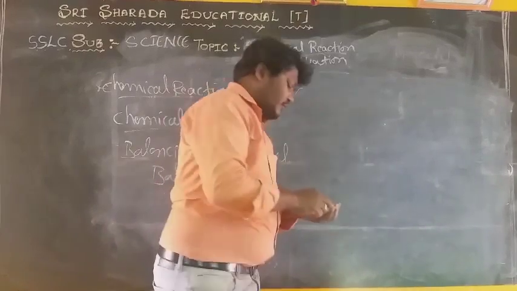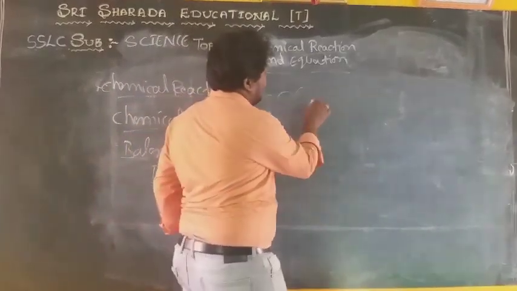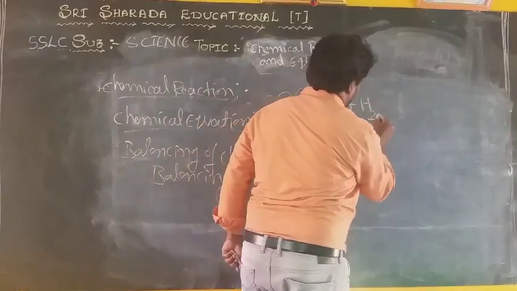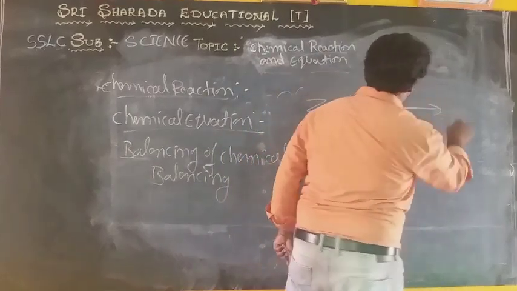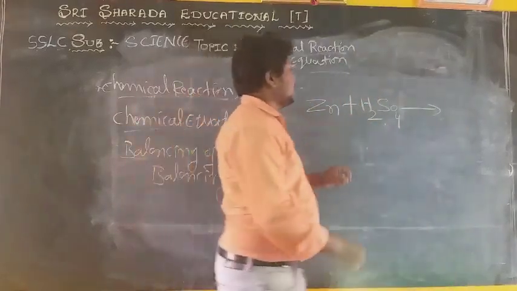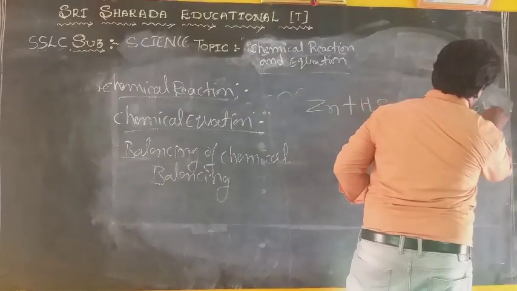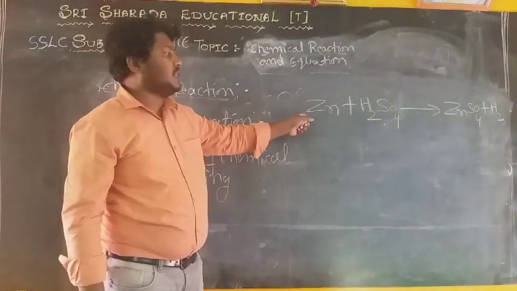For this, first we take zinc reacting with sulfuric acid, H2SO4, which gives rise to zinc sulfate, ZnSO4, and liberates hydrogen gas.